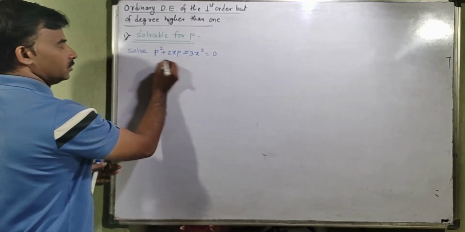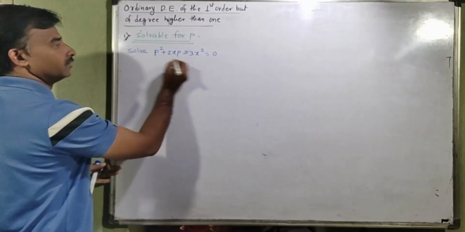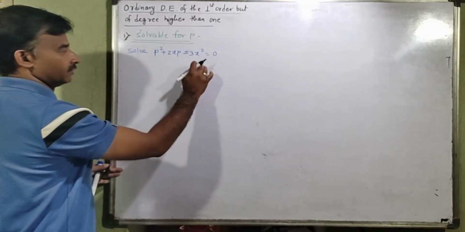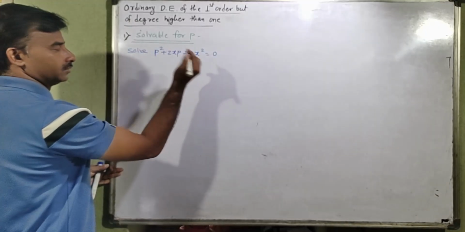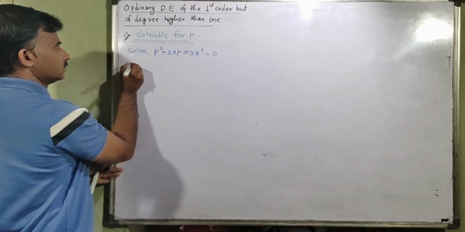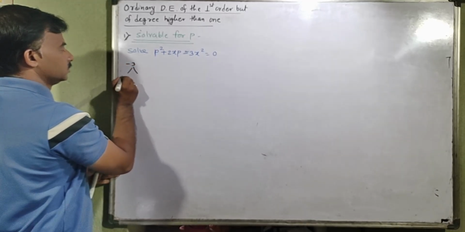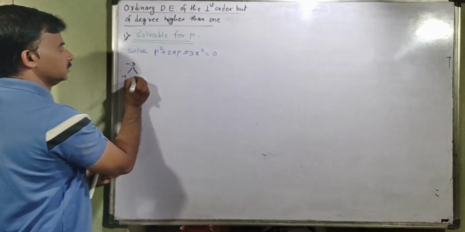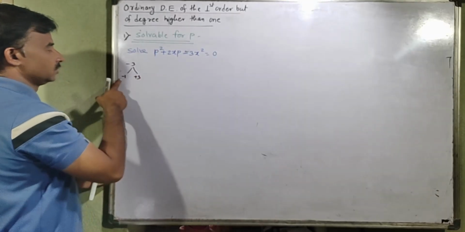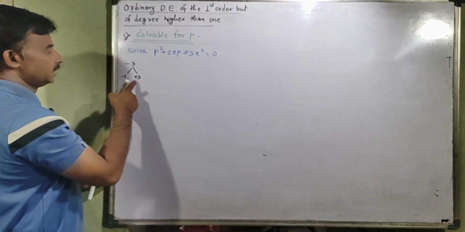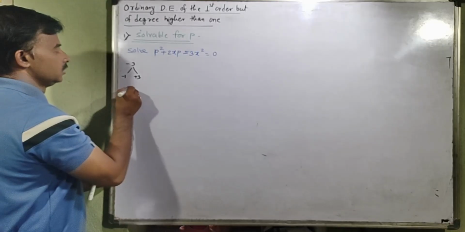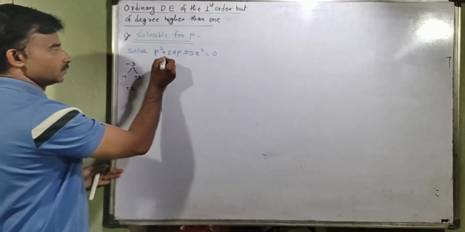So first of all, we have to find out the linear factors of that differential equation. Those linear factors are taken by using minus 3 having two factors, minus 1 and plus 3, and minus 1 into 3 is equal to minus 3, and these two factors having addition equal to 2, which is present here.